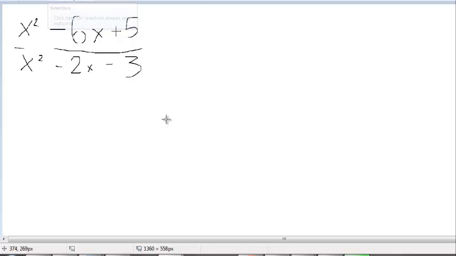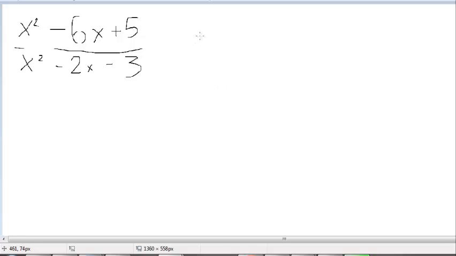First off, we want to put it into factored form. This is going to help us determine the zeros, the vertical asymptotes as well, and help us really visualize what this is going to look like. So first of all, let's factor this.